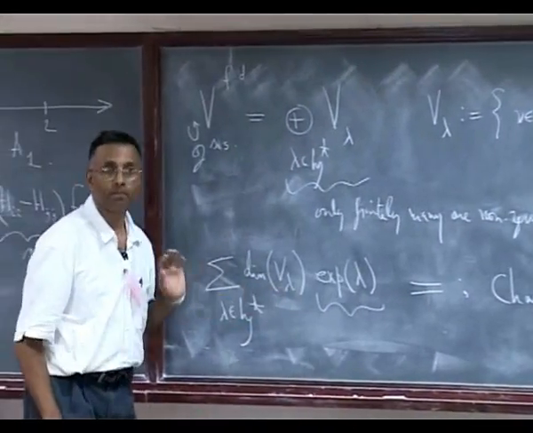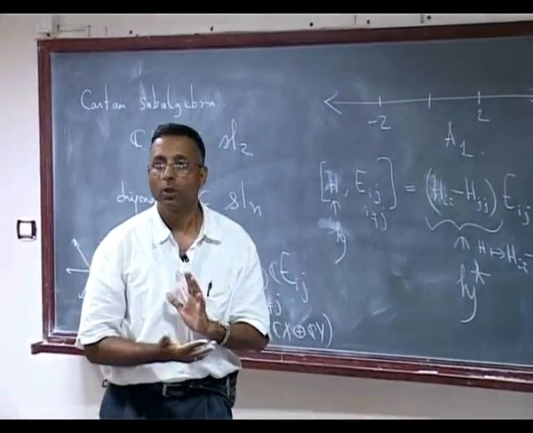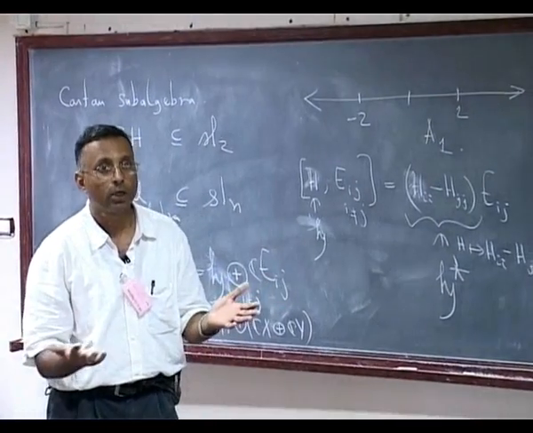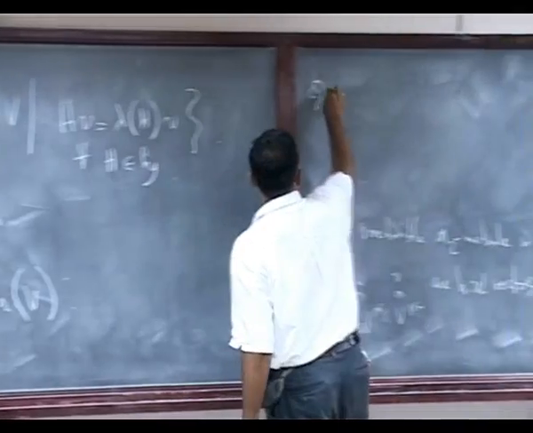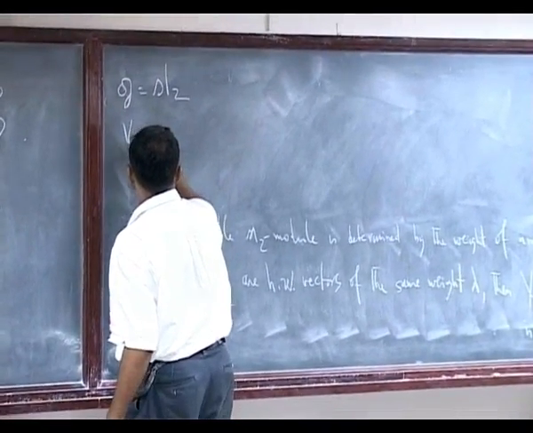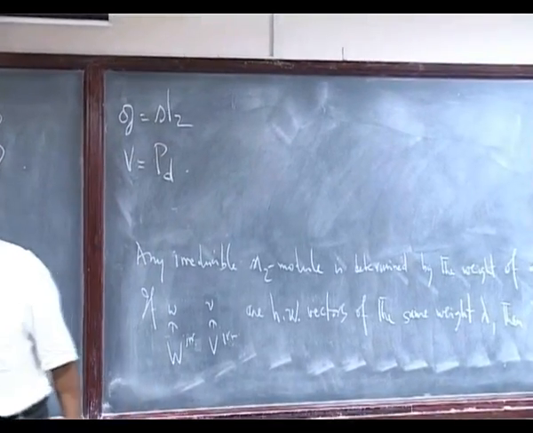So for example, let's write out the character of PD, or V lambda, for G equal to SL2, V the irreducible. You know what PD is, right?